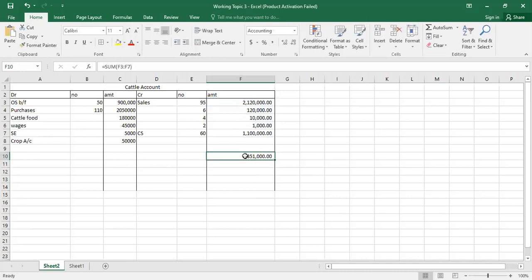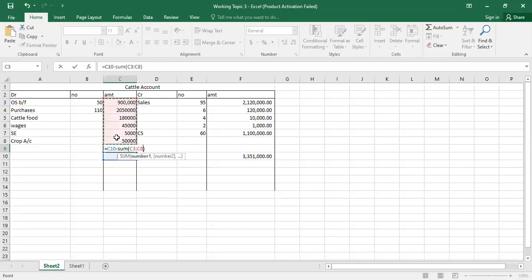So you can copy this figure here, 3,351,000. So the figure here will be equal to this cell. We subtract now the sum of these cells. So this is our net profit figure.